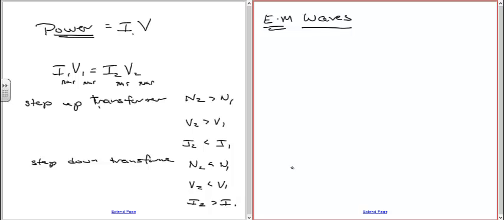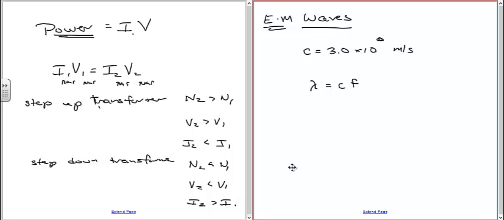So we know that the speed of electromagnetic waves is 3.0 times 10 to the 8th meters per second. And the relationship between wavelength and frequency is that the wavelength is equal to the wave speed times the frequency.